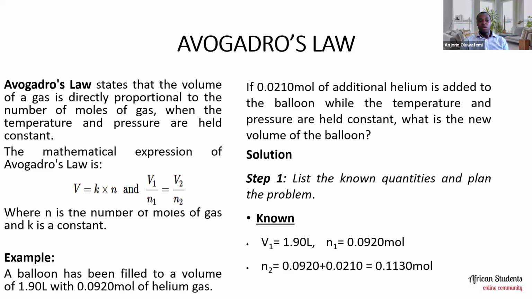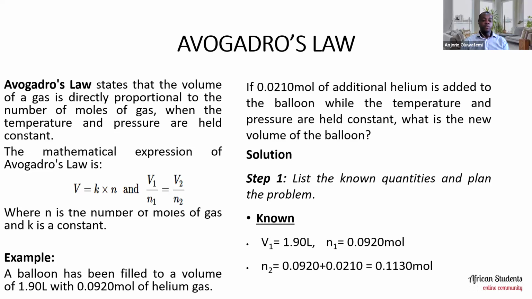That's another way to state this also, but mathematically we can express Avogadro's law as volume equals a constant K multiplied by N, and then V1 over N1 equals V2 over N2, where N is the number of moles of gas and K is a constant.